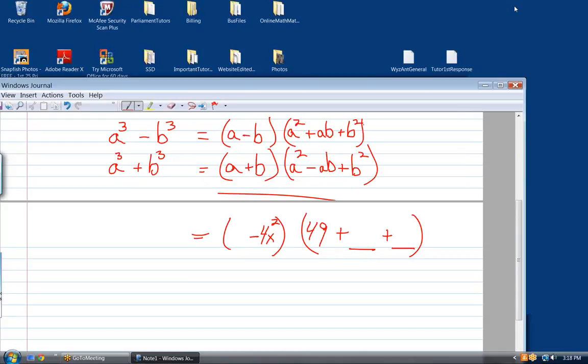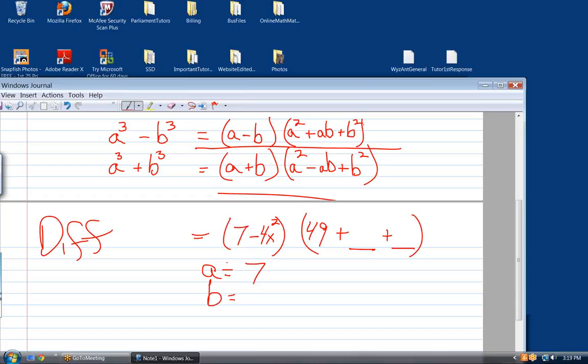Okay. Difference of cubes or sum of cubes? This would be difference of cubes. Okay. What is B? In fact, what is A? Is A 4x squared? The second one's backwards. A squared is what? What is A squared equal to? 49. So what is A? 7. Yeah. So I put 7 there.